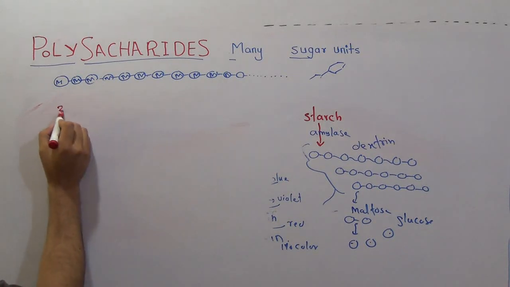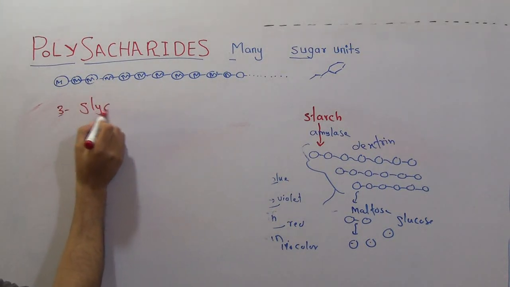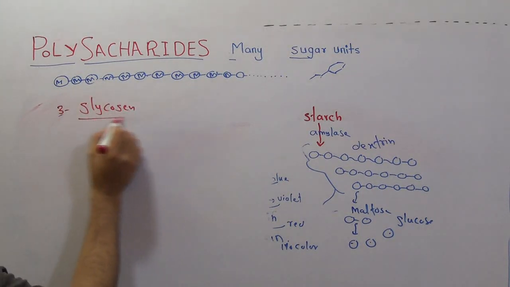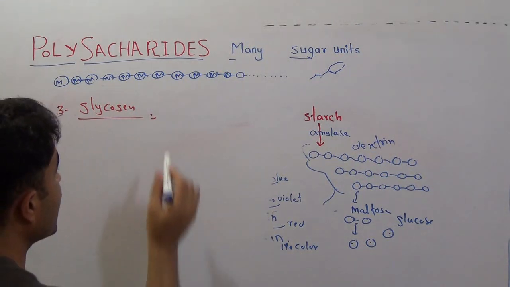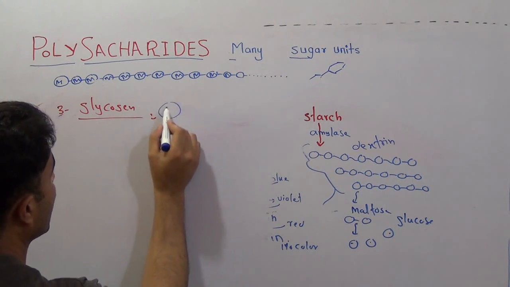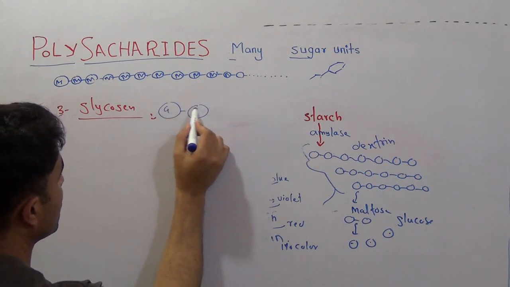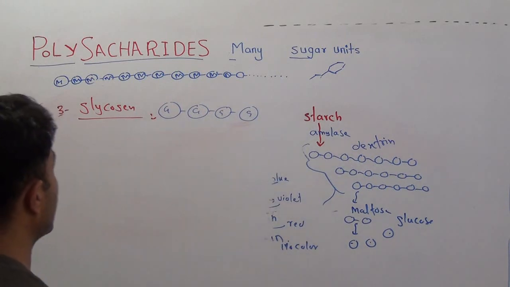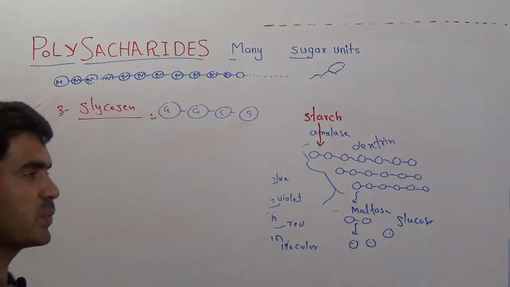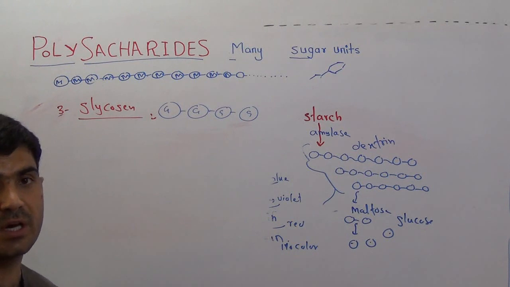So the third one is now glycogen. Glycogen is another homopolysaccharide. Again, all the units are glucose. Many glucose, when linked together, we get glycogen. But what is the difference of glycogen with starch?